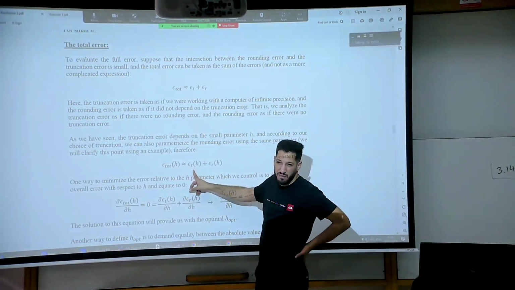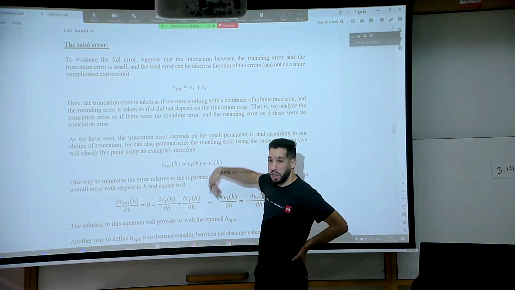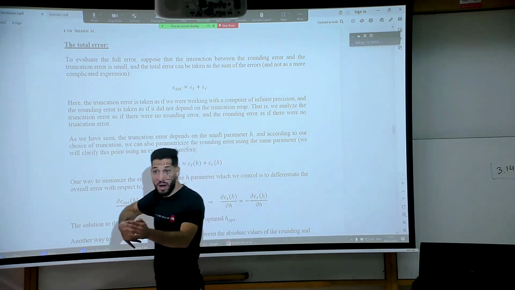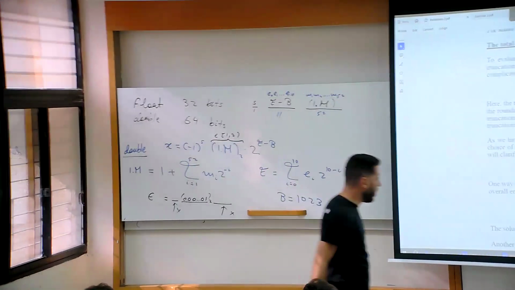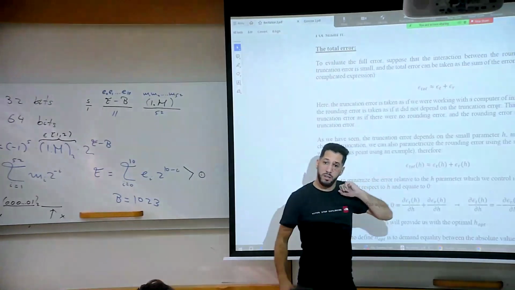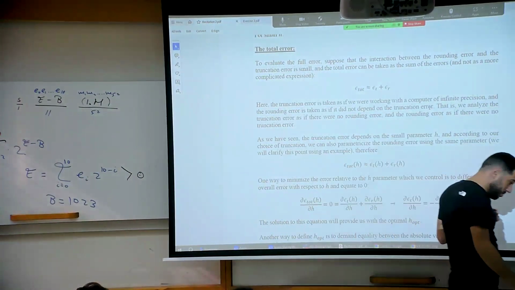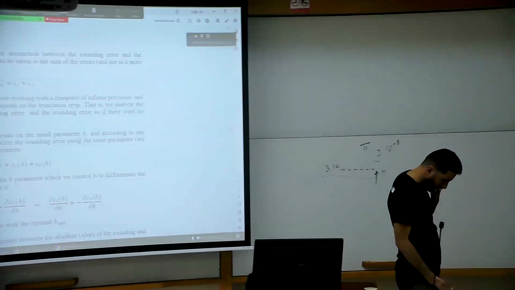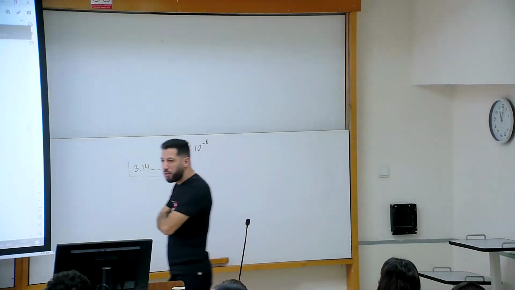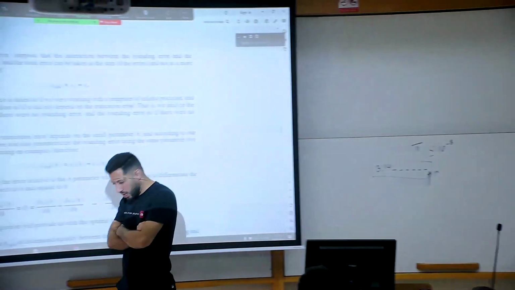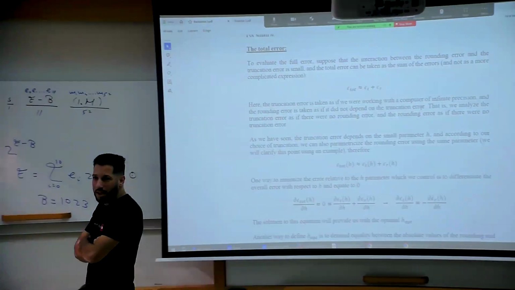Maybe one error gets big and the other gets big in the opposite direction, with a minus. So we don't care about each one; we care about the total error. We want it to be as small as we can. Of course, through the propagation, we expect the error to accumulate and be larger.